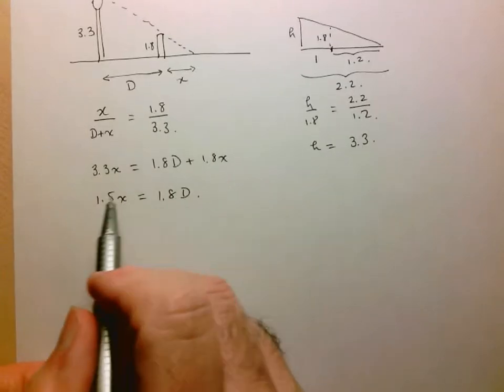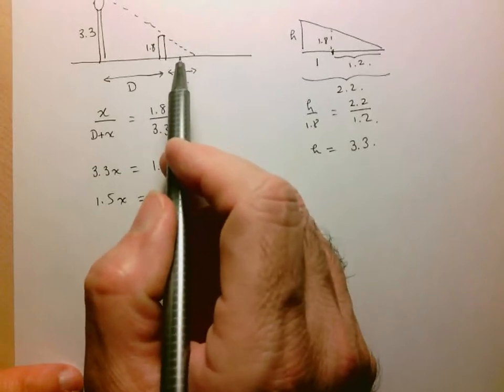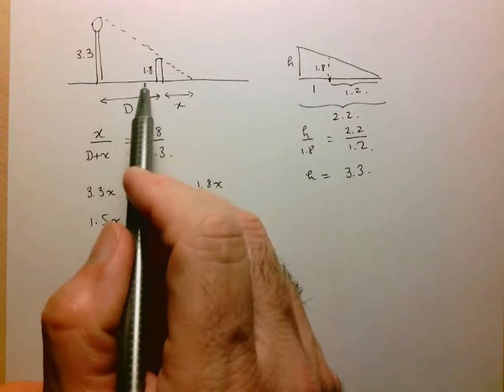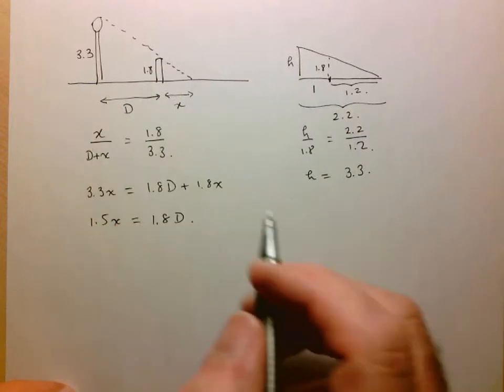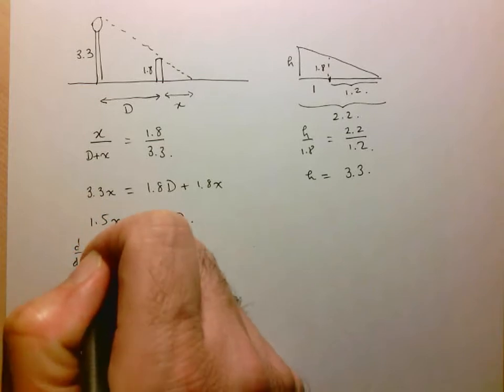So this is my relationship between the length of the shadow and the distance from the lamppost that's changing. So what I'm going to do now is take the derivative with respect to t of both sides.